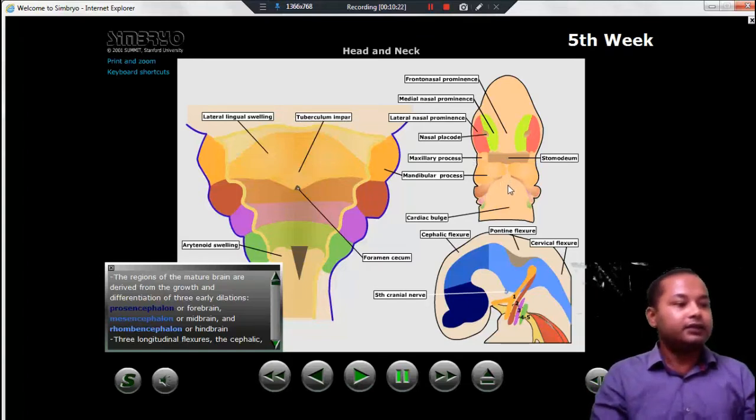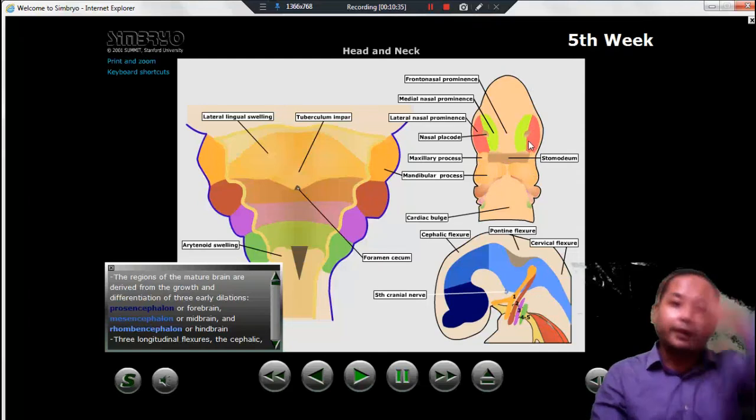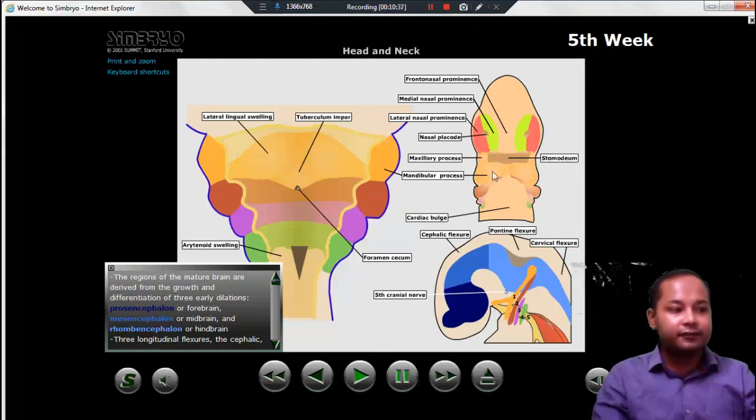But our point of insisting in this class is not the formation of the face. Actually, the mandibular is the first arch. This is the whole of the upper part, the terminal knob, and this is the first arch. This is the second, third, like that, 6 arches.